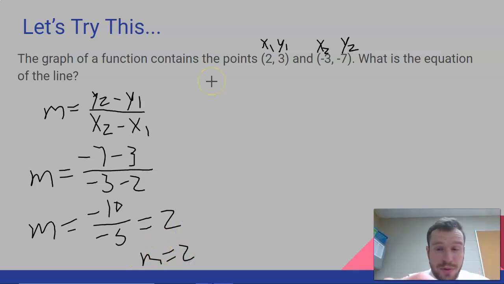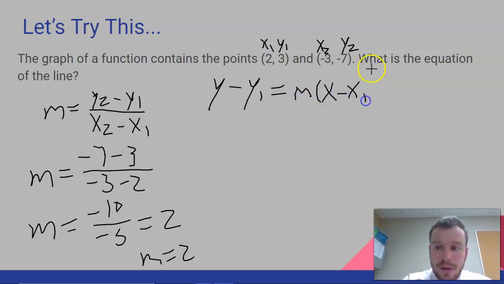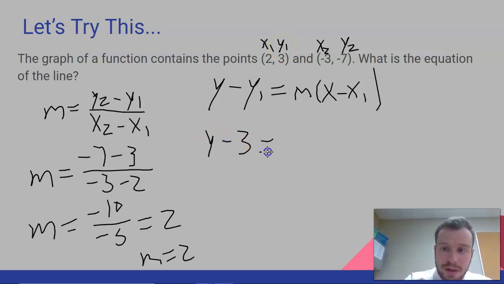So I'm going to use the point slope form for this problem. Remember, it's y minus y1 equals m times x minus x1. And I already have x1 and y1 labeled here. So I'm going to say y minus 3 equals 2, that's the slope we just found, times x minus 2.